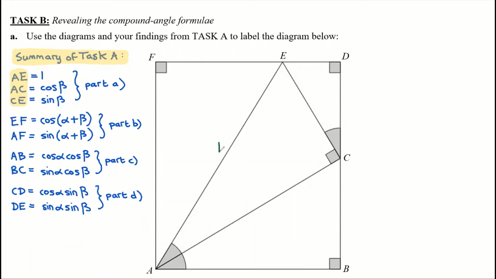Okay, we also have AC, which is cos of beta. So I'm going to put on here, you can see AC. And we also have CE. So it looks like the triangle from part A is this right angle triangle in the center, all right?